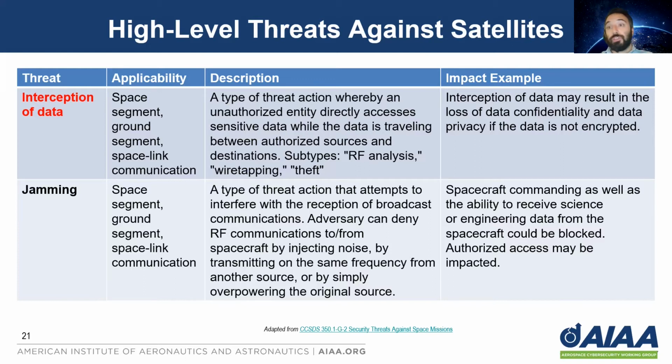One example is jamming, which is the next one, where they're blocking the communications. They're jamming the RF communications to and from the satellite, generally from the satellite down to the ground station. This is something that we've heard a lot about in the news over the past couple of years, especially relating to GPS signals.